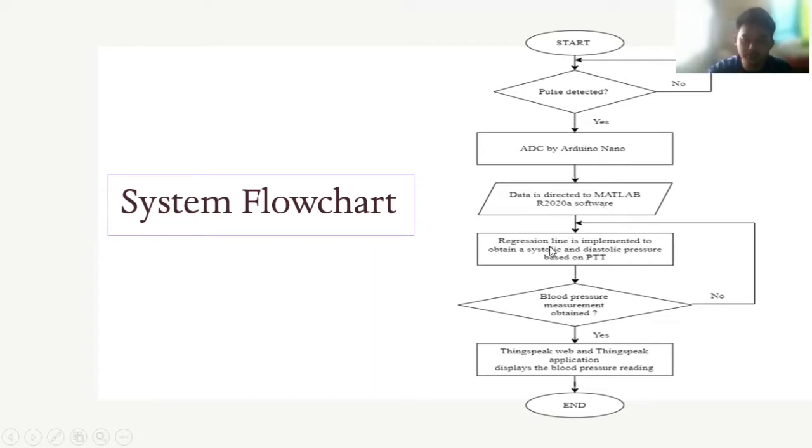Then we go to the regression line implemented to obtain the systolic and diastolic pressure based on PTT. Then we check whether the blood pressure measurement is obtained. If yes, we go to the ThingSpeak web and ThingSpeak application, which display the blood pressure reading. If no, we go back to the regression line implemented to obtain the systolic and diastolic pressure based on PTT.